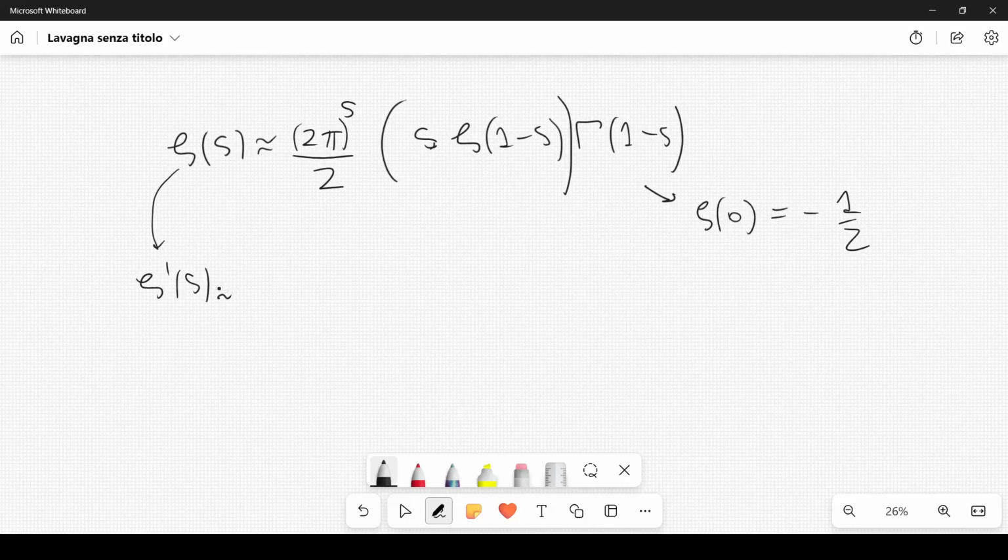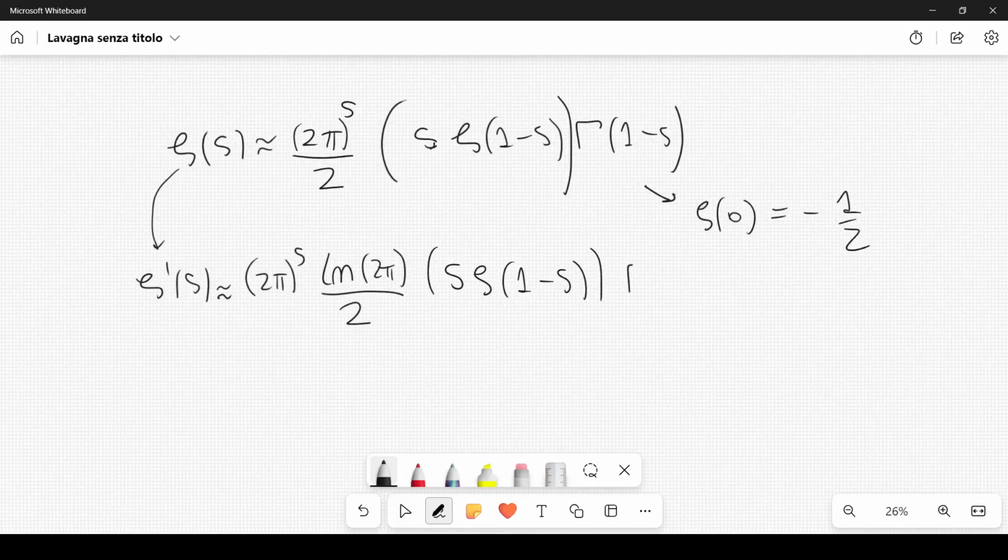This derivative will be approximately equal to 2 pi to the s, then we have the natural logarithm of 2 pi when you take the derivative of this first term, divided by 2, and then of course you have s times zeta of 1 minus s, gamma of 1 minus s, and when we let s go to 0 we will have to set minus 1 in place of this expression. This will give us 1, and this will give us 1, of course.